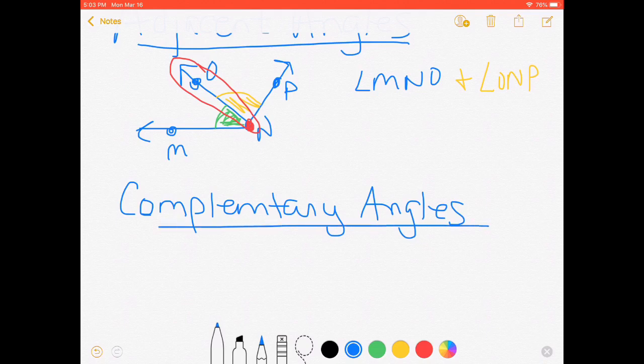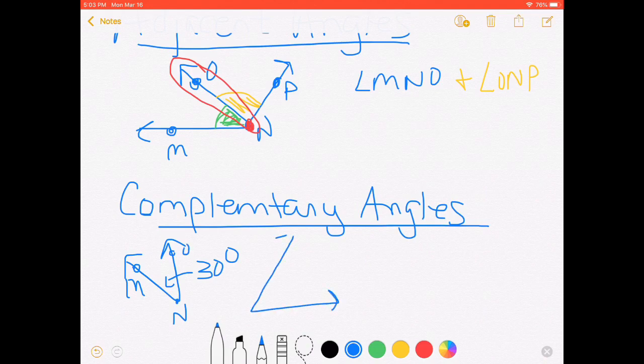So if we had an angle here that measured 30 degrees, and say this is angle MNO, and we had another angle over here that measured 60 degrees, say this is angle PQR, then we would say that these two angles are complementary because their measures, 30 plus 60, is equal to 90.